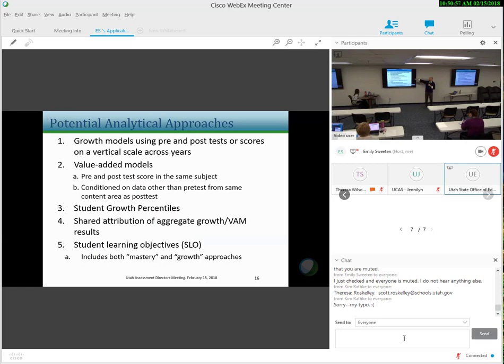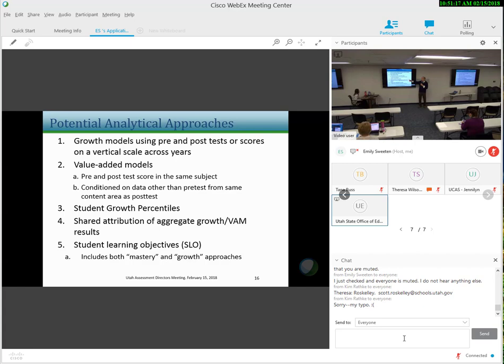But that often could be done with either a pre-score and a post-test score in the same subject, or you could condition, I'll talk more about this conditioning, on data other than a pre-test score, like last year's tests.